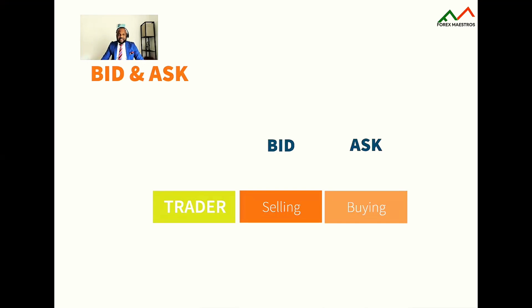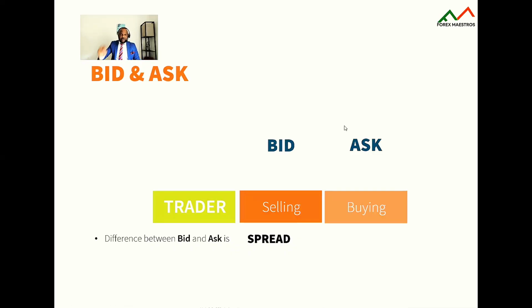Every time you have the bid and the ask, it's just a very small difference in price. And the difference is the profit of the broker, which is called the spread. The difference between the ask and the bid, ask minus bid, will give you the profit of the broker or the middleman or the financial institution or the bank or whoever is connecting the buyers with the sellers.